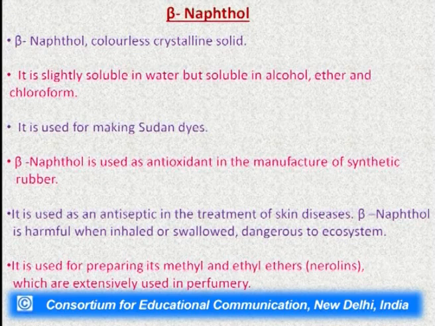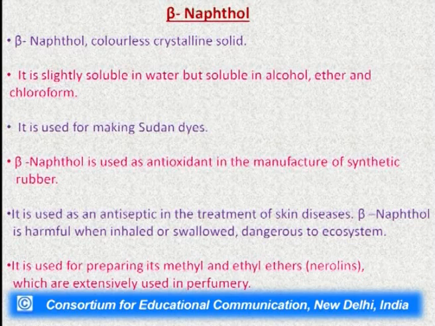Now comes beta naphthol, the second hydroxy derivative of naphthalene. It is also a colorless crystalline solid which is slightly soluble in water but soluble in alcohol, ether, chloroform and other organic solvents. It is used for making Sudan dyes. This beta naphthol is used as an antioxidant in the manufacture of synthetic rubber.